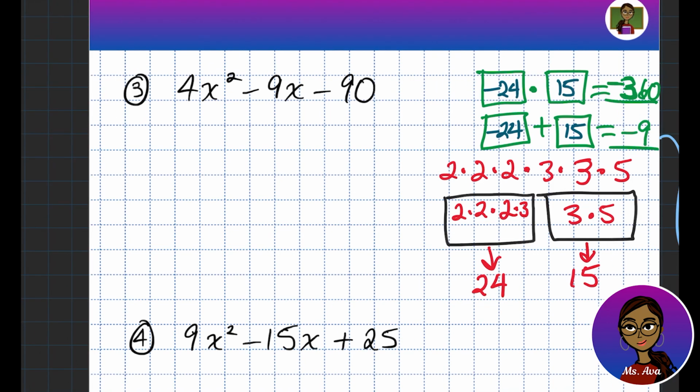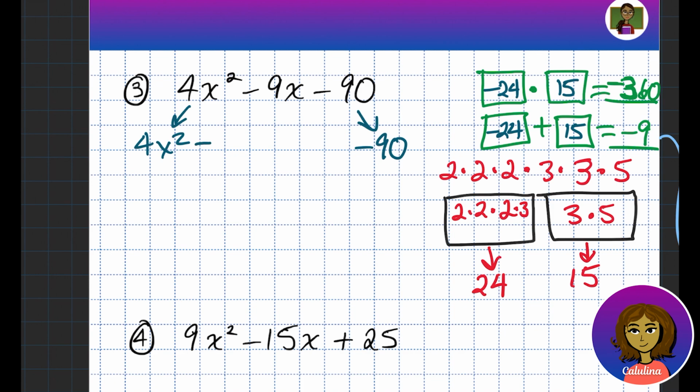Okay, so just to set it up, what do I do? You're going to write the 4x squared, and then you copy down the negative 90 on the side. And then in the middle, you will write minus 24x, and then plus 15x.